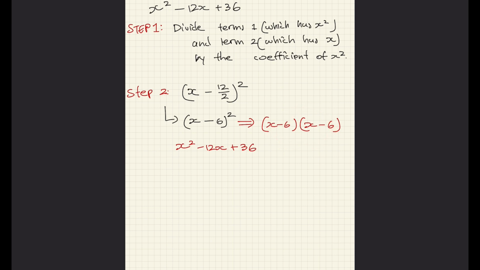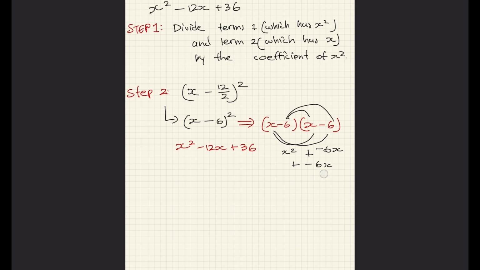So that is written out fully, x squared minus 6x minus 6x plus 36, which equals x squared minus 12x plus 36. Good.